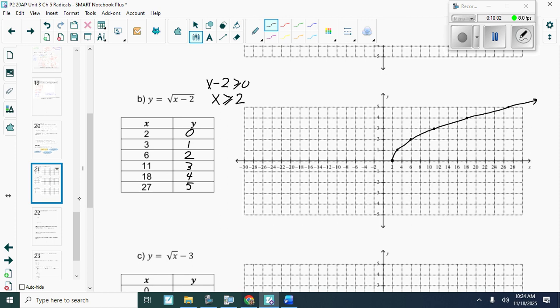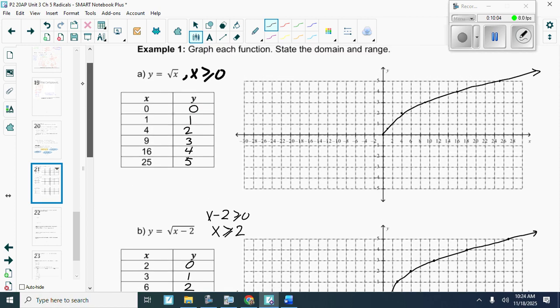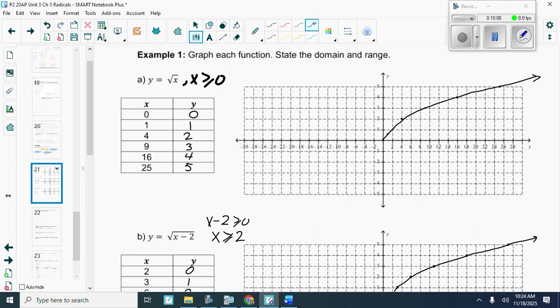Oh, I forgot. Part of the question said, state the domain and range. Okay. So our range, I guess I'll write the word in. Our domain, let's start with that one. Usually we go domain. So x such that x has to be greater than or equal to 0.